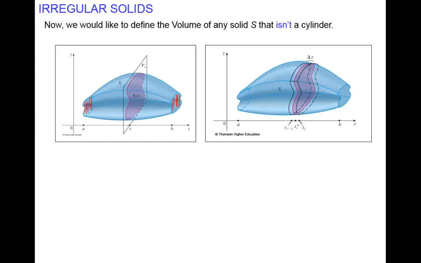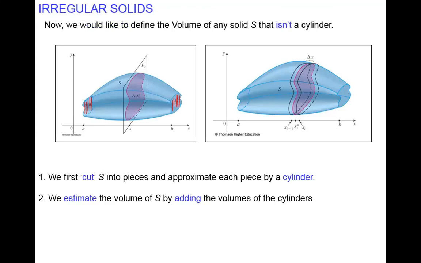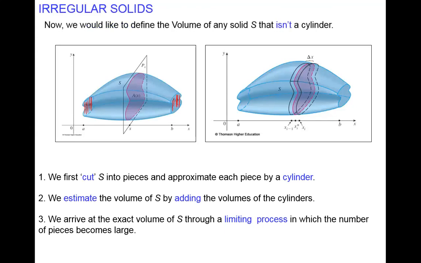Or again, you can imagine that bread, and if you take a knife and slice the bread, you will have lots of slices. Each slice or each piece, I will try to approximate as a cylinder. Imagine we're taking this slice of bread and putting it on the plate.